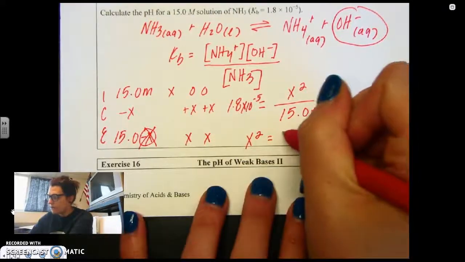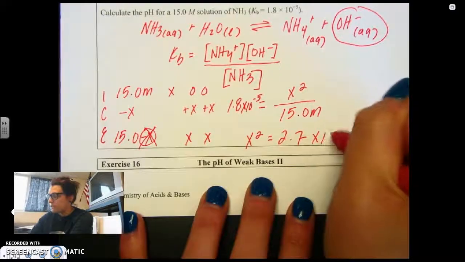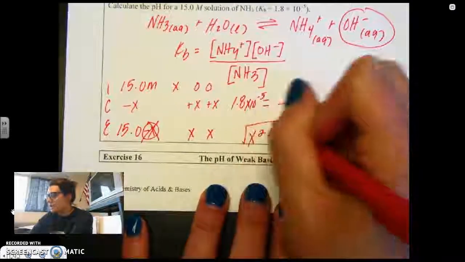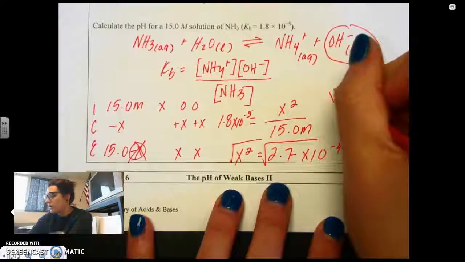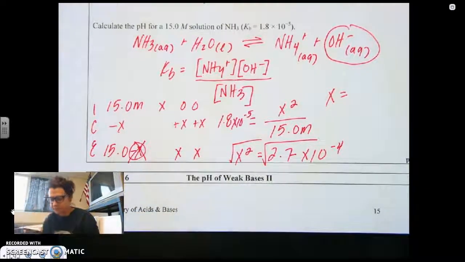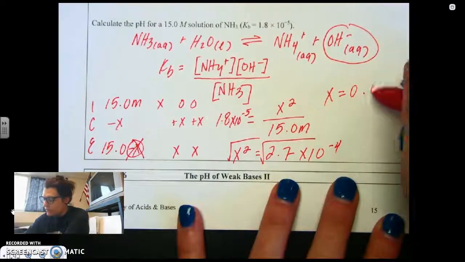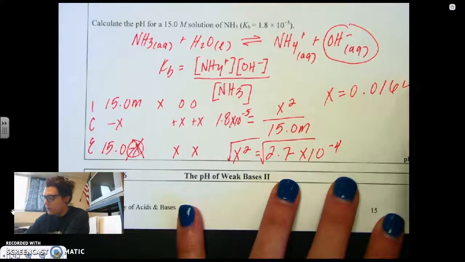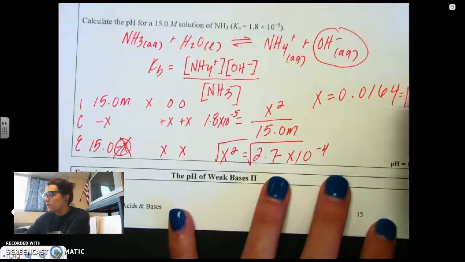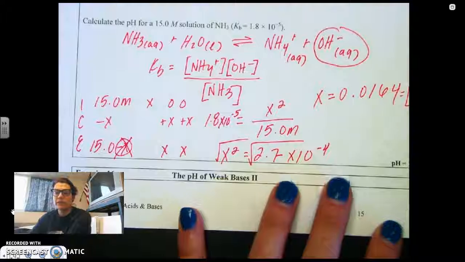I get X squared is equal to 2.7 times 10 to the negative fourth. And then I take the square root of both. So X is equal to 0.0164. And we have to remember that this is the concentration of OH, okay?